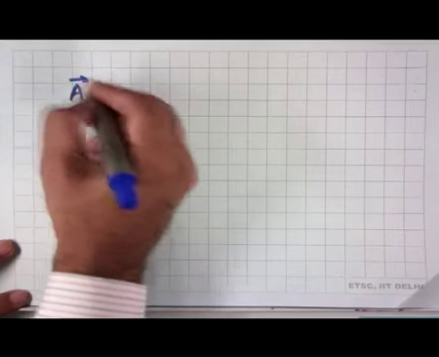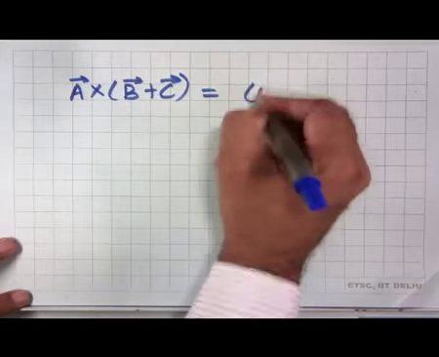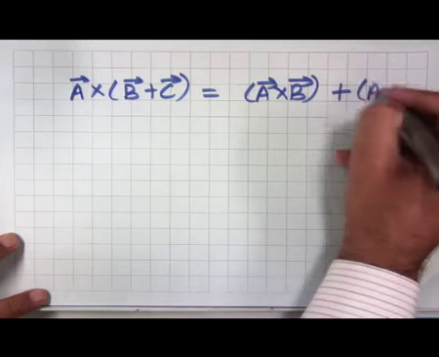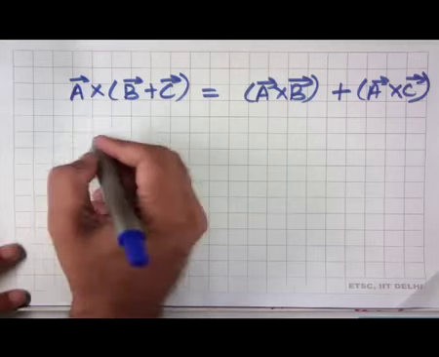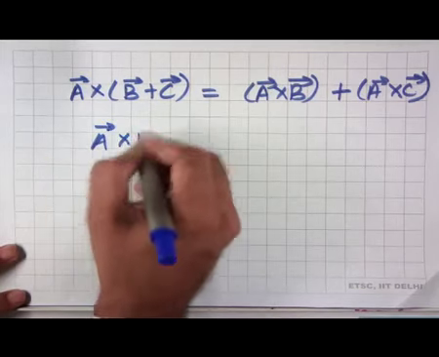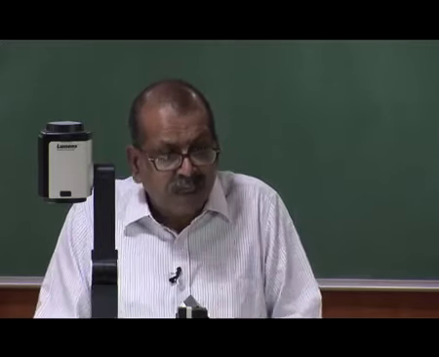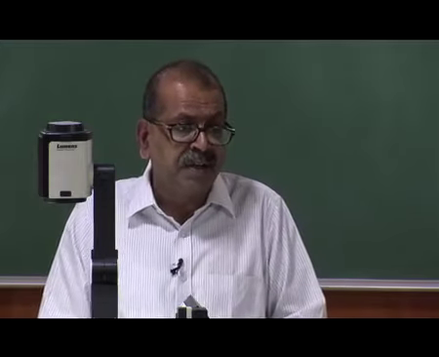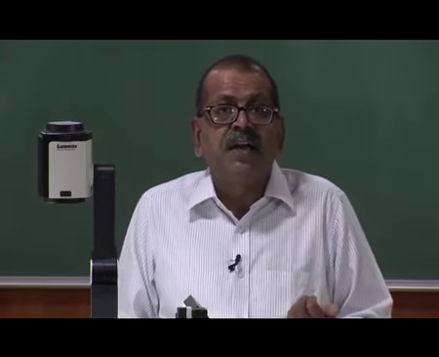The second thing we observe about this product is that if we look at A cross B plus C, the distributive property still works. This is equal to A cross B plus A cross C. Then if we look at A cross A, this will be equal to magnitude of A multiplied by magnitude of A multiplied by sine of the angle between A and A. Because A and A are the same vector, the angle between them is 0, so sine of this angle will be 0.